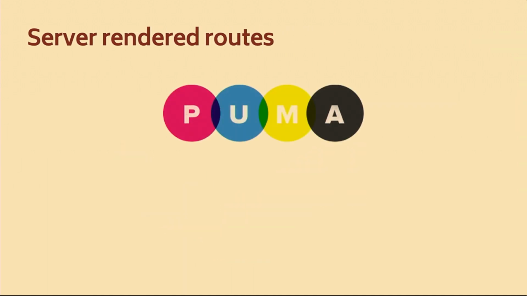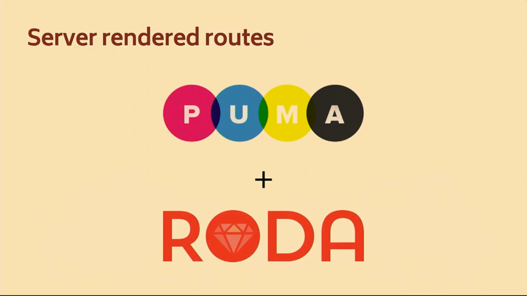So we already have Puma for our web server in development. And on top of Puma, we've layered Roda, which is a blazing fast, lightweight routing toolkit by Jeremy Evans. And we use Roda to serve your static website in development.